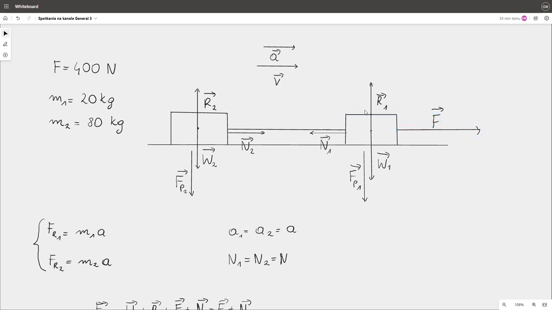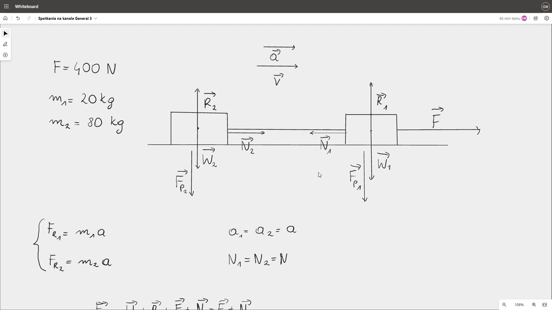In vertical direction, we have weights W1, W2, reaction forces R1, R2 and pressure forces Fp1, Fp2, here and here.